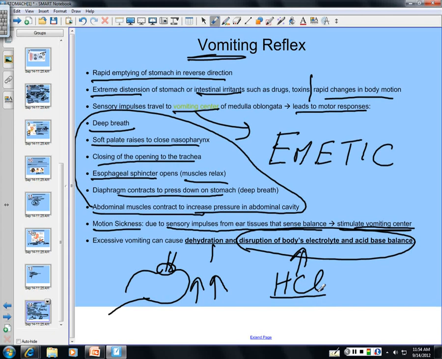So what happens? The blood becomes alkaline. Why? Because the stomach is attempting to replace its lost hydrogen ions, and it is going to absorb them from where? From the blood. So as a result, you are going to have an acid-base imbalance.